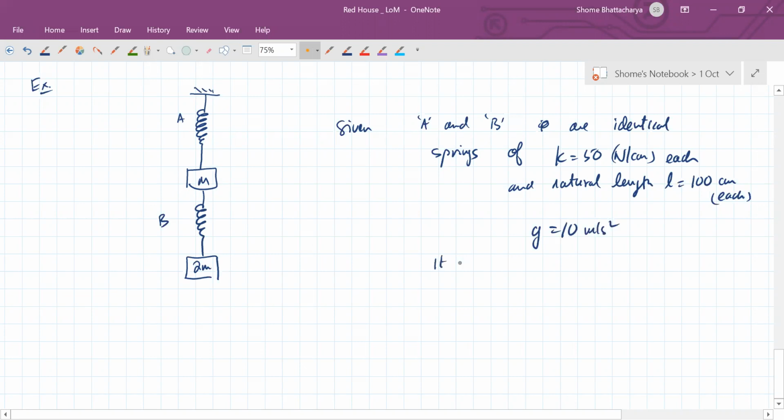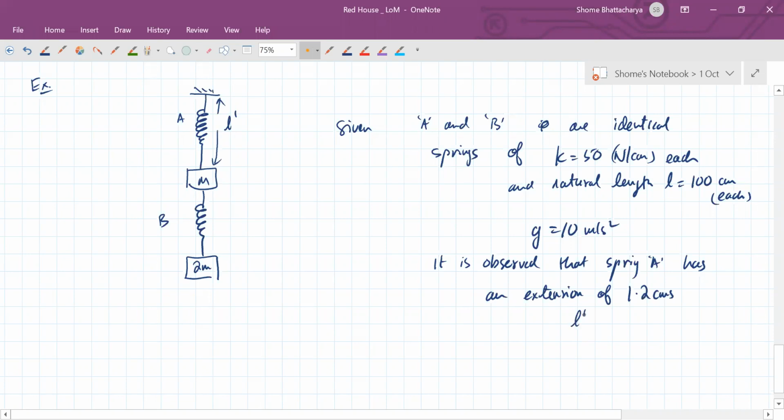Now it is observed that the spring A has an extension of 1.2 centimeters. That means this length, let's say L prime, is 101.2 centimeters.